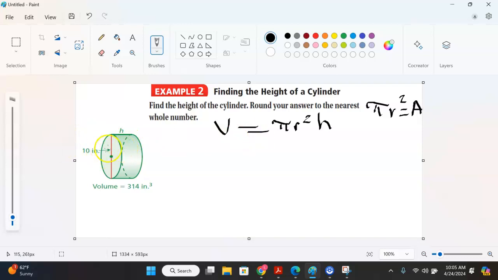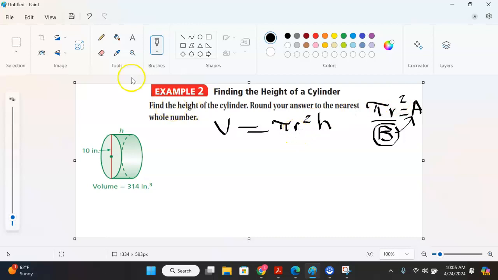Because the base is a circle, that's why we use pi r squared. So we replace pi r squared with the uppercase B, and the uppercase B means the area of the base, and the area of the base is pi r squared.